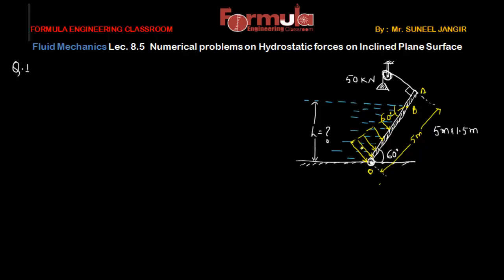Yes, we can calculate it, because this pressure intensity is due to the h height of water from the free surface. If rho is the density of fluid and w is the specific weight of fluid, this will be equal to rho g h. This is due to the depth here.